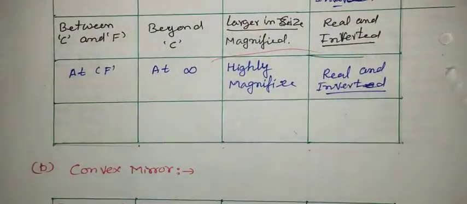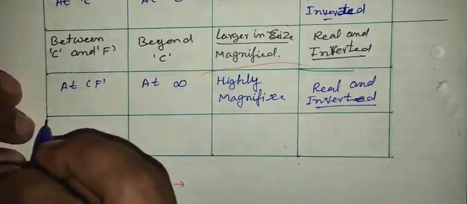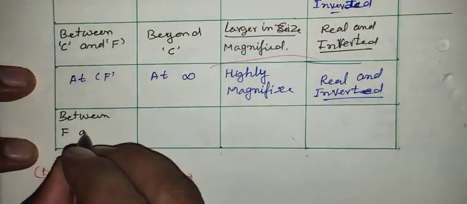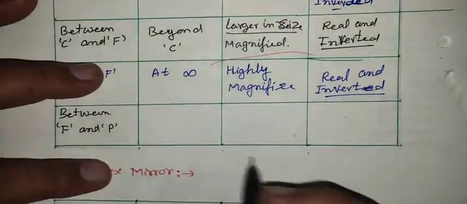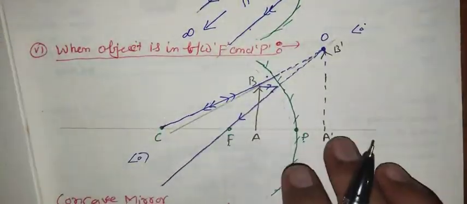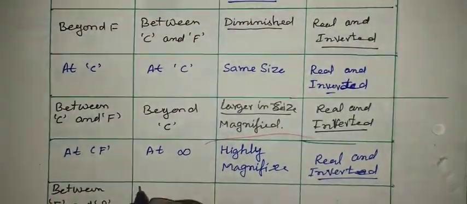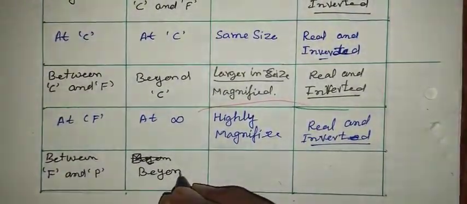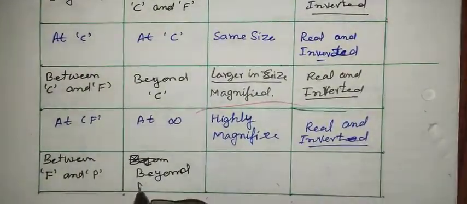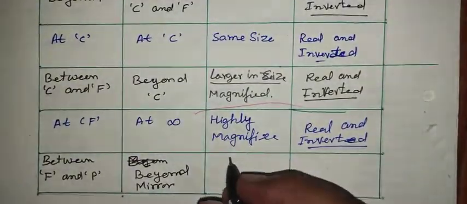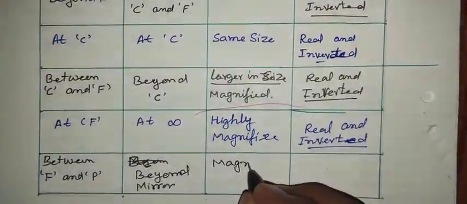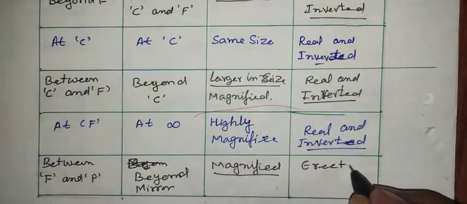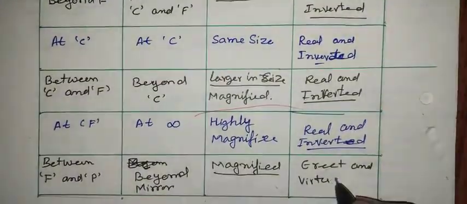So let us try to fill this table. The object is in between focal point F and pole P. The image is formed beyond the mirror, on the other side, larger in size, meaning magnified, erect and virtual.